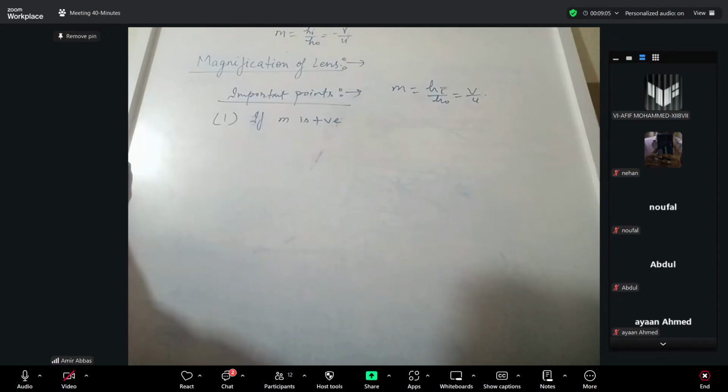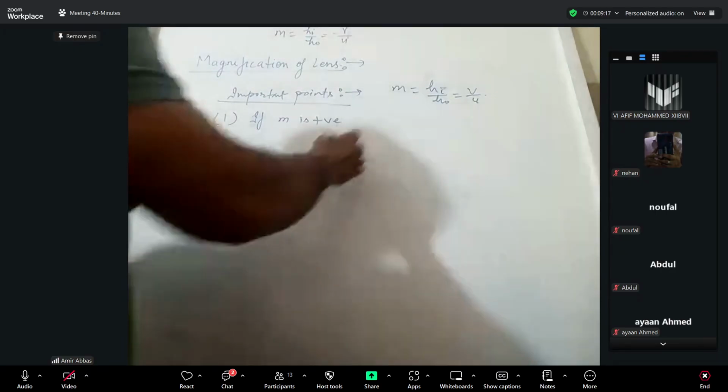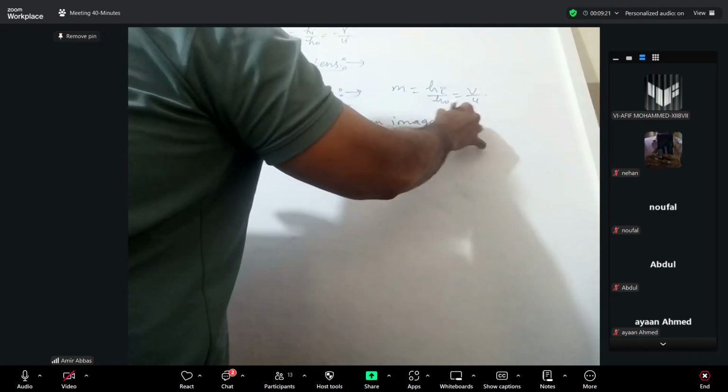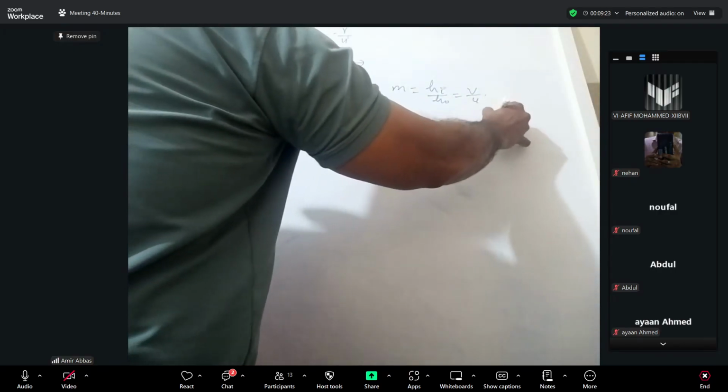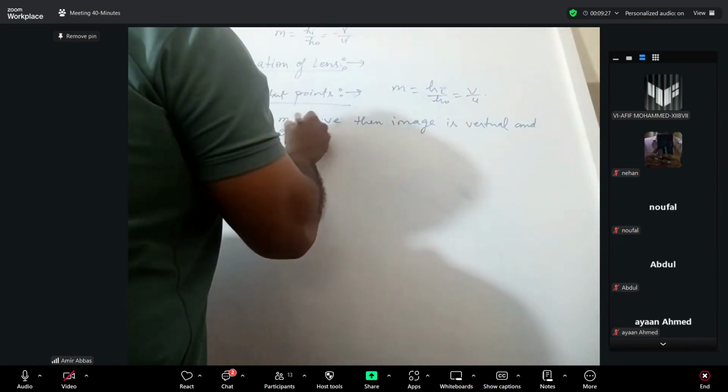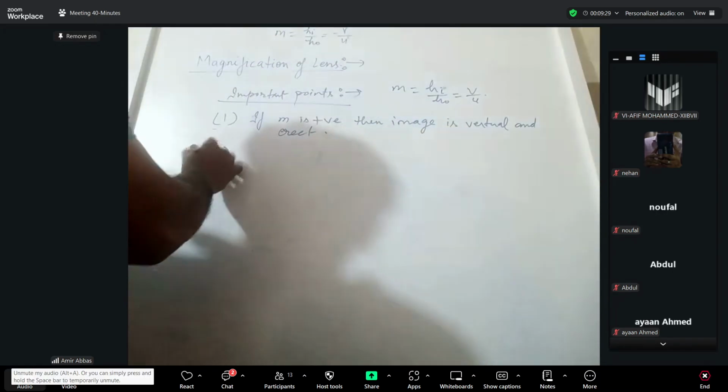If the V is negative, this means the image is forming on the negative side. That is when the image is virtual and erect. Have you got this?